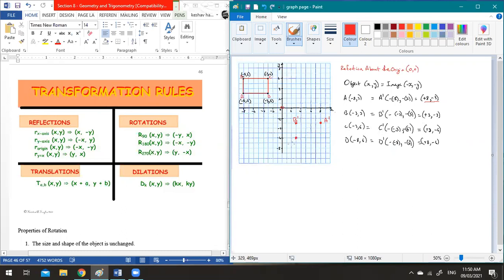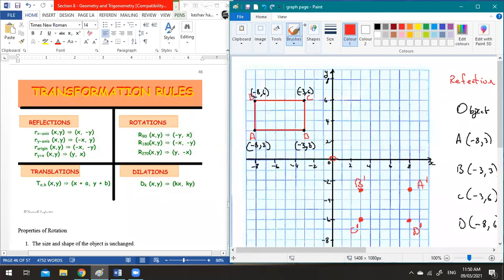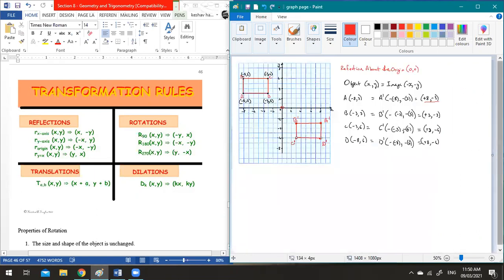So that's here, C prime. And D is 8 and negative 6, which is here. Right? And let's draw the diagram. Right, so that's what you're gonna get. So that's a reflection about the origin.